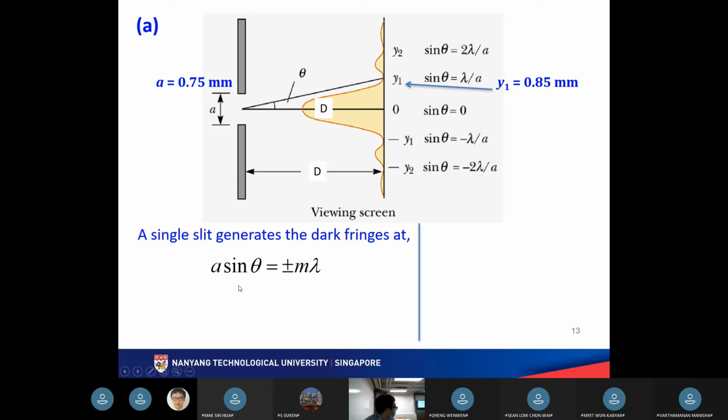What can we do? We will be able to calculate θ, right? Once θ is known, tan θ equals y₁ divided by d. y₁ is given, so we will be able to get d. So this is the idea.